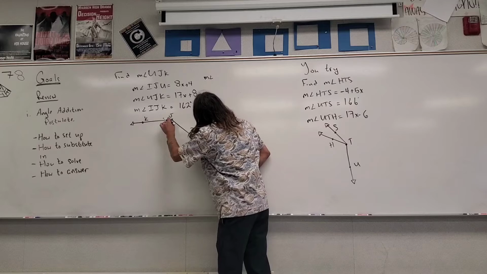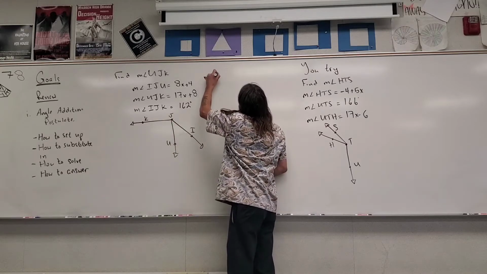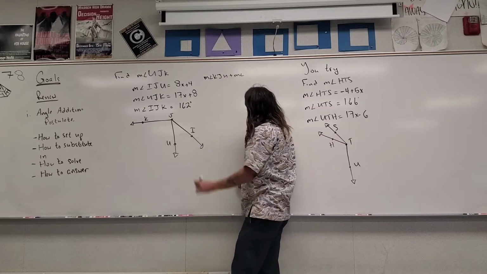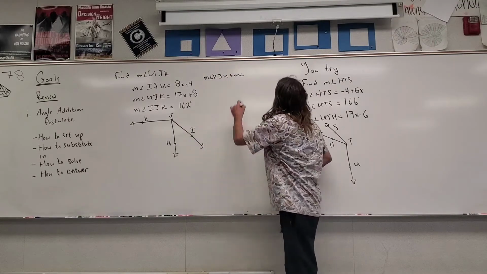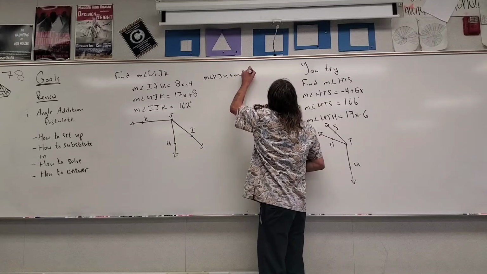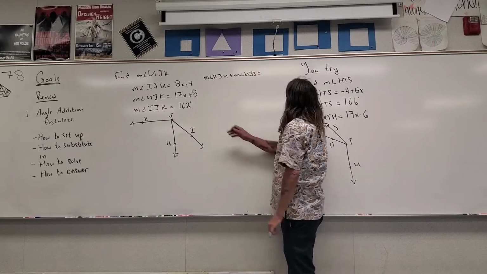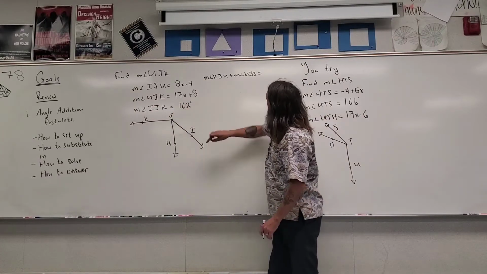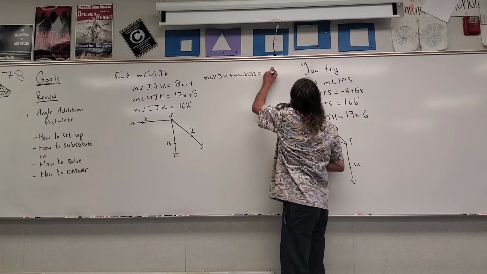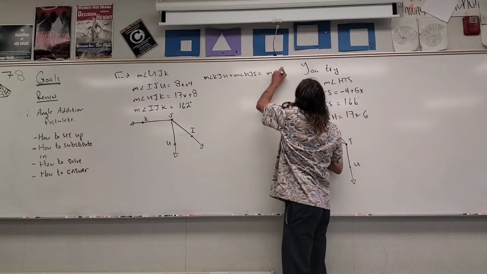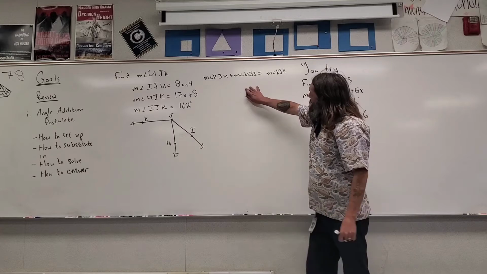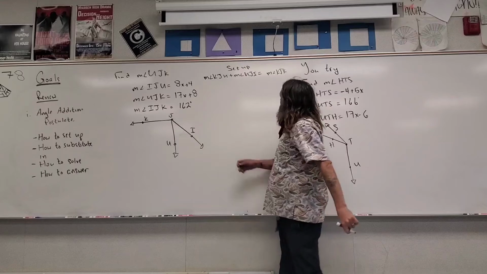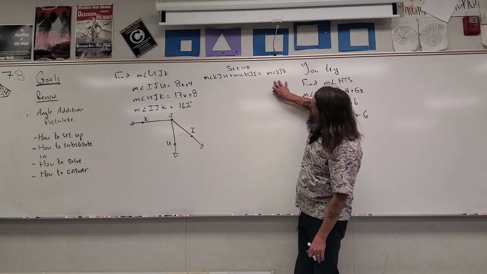The measure of angle KJU plus the measure of angle UJI. Both of these angles together open up to the amount of angle KJI. Right, and so this is what it looks like when we set up the angle addition postulate.